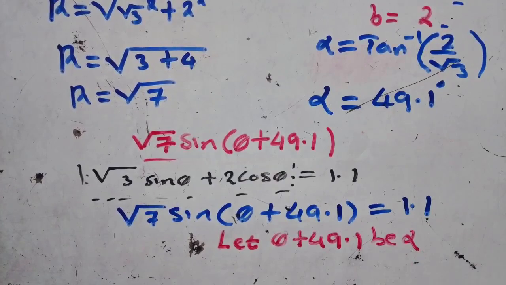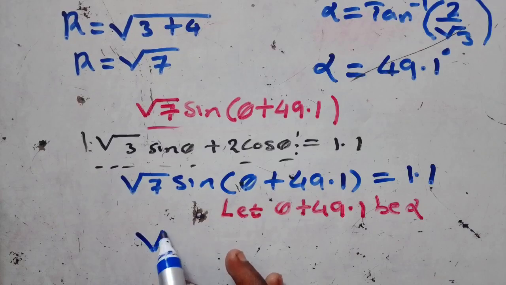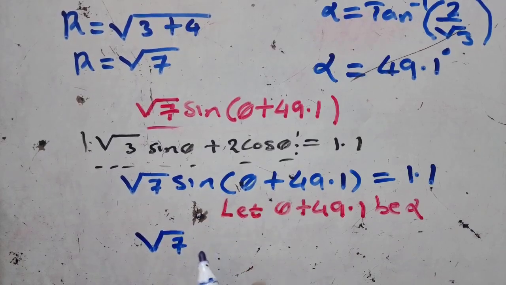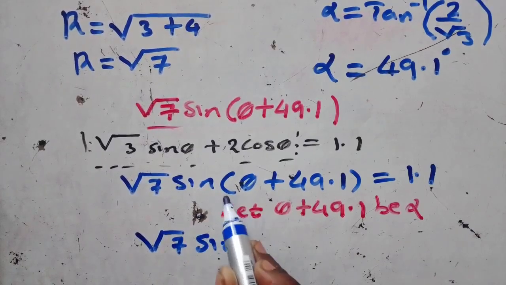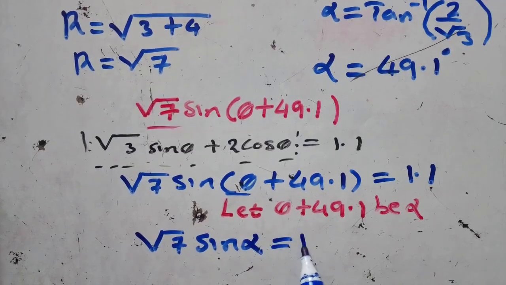Having made theta plus 49.1 our acute, you can now proceed. So we have root 7 sine of this, which we have made our acute, so where there is this, we put our acute, and this is equal to 1.1.